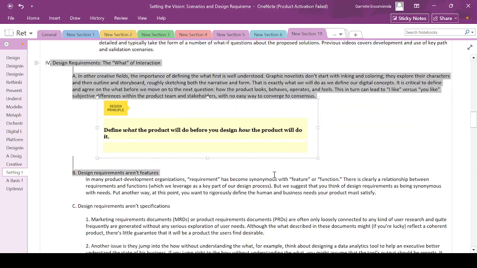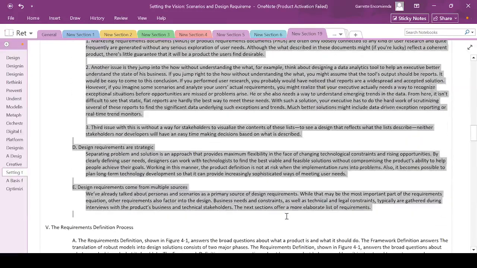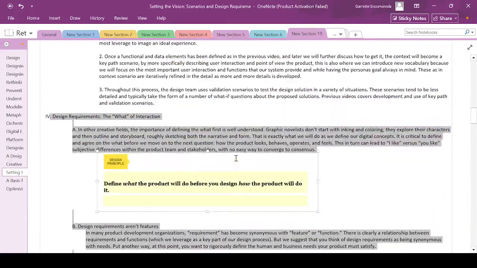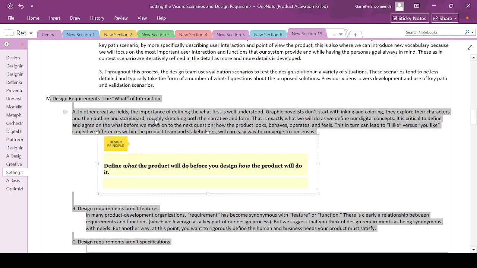Before that, we need to define the requirements. This is how we will separate the problem and solution. Design requirements: the what of interaction. In other creative fields, the importance of defining the what first is well understood. Graphic novelists don't start with inking and coloring.